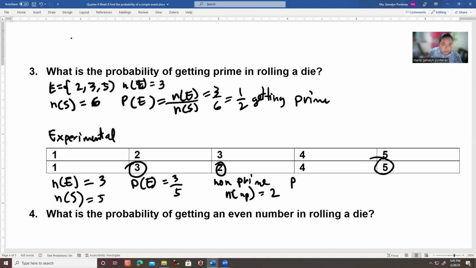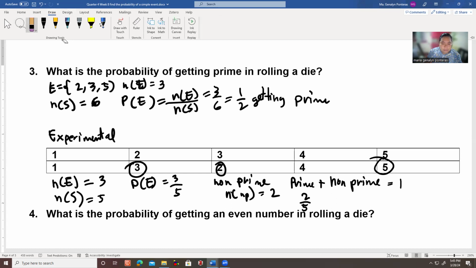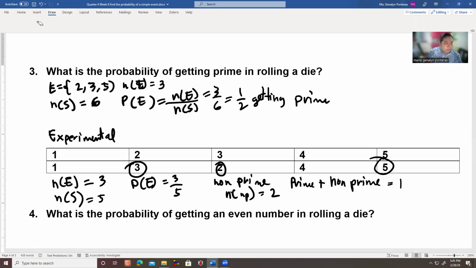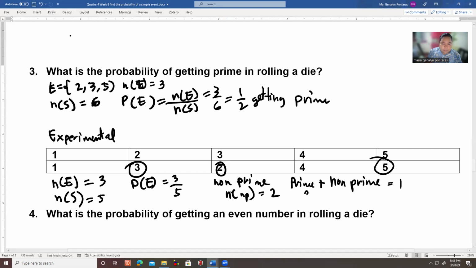Prime plus non-prime must be equal to 1. So 2 over 5 for prime, 3 over 5 for non-prime. 3 over 5 plus 2 over 5 equals 1. 5 over 5 equals 1.